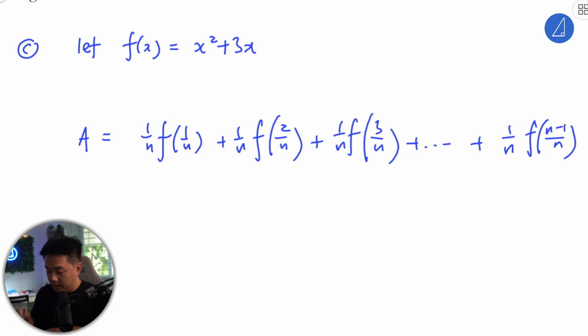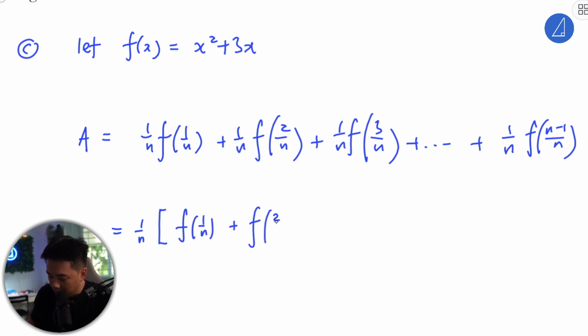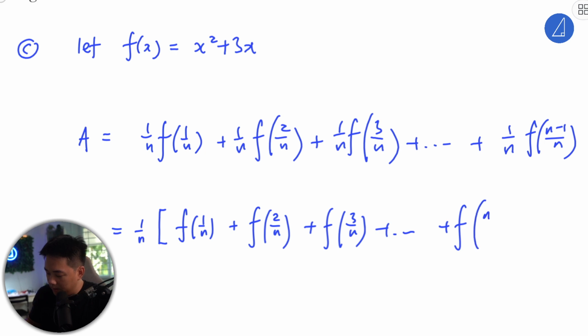Then we just factorize the 1 over n out. We get f(1 over n) plus f(2 over n) plus f(3 over n) up to f((n minus 1) over n).